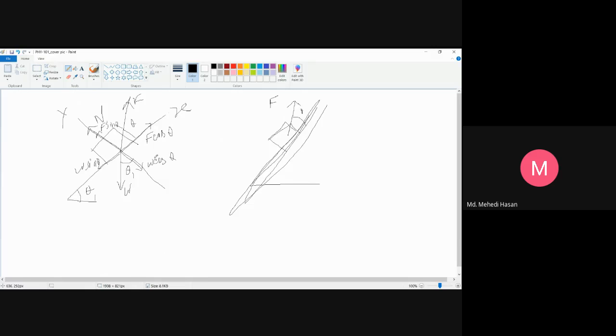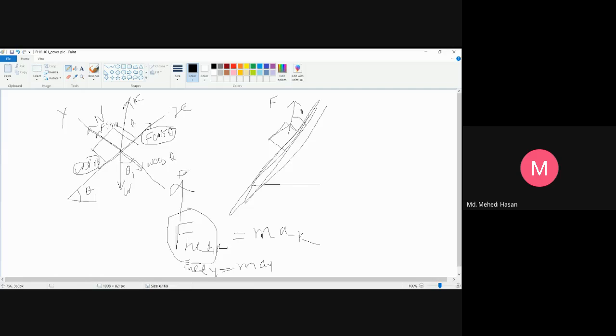Then we have to draw the individual forces. Then if the forces make a certain angle, we have to draw the components of these forces. And finally, write down the net force along the x-axis equal to m a_x, and the net force along the y-axis as m a_y. Here the net force involves F cos theta and W sin theta.